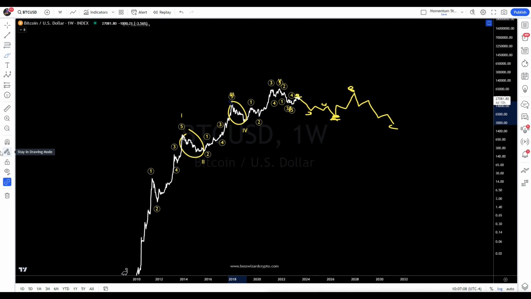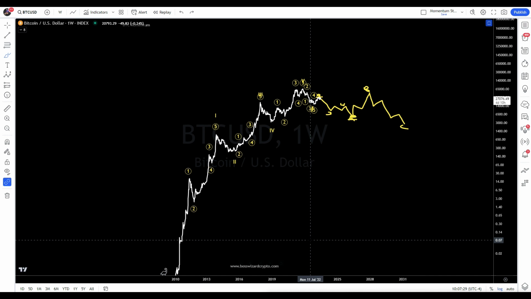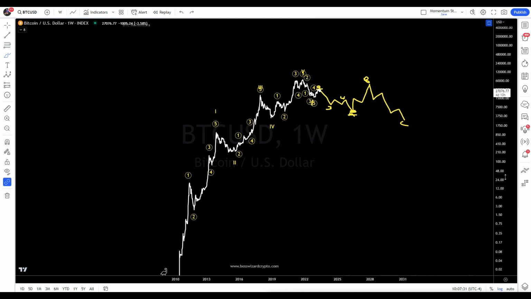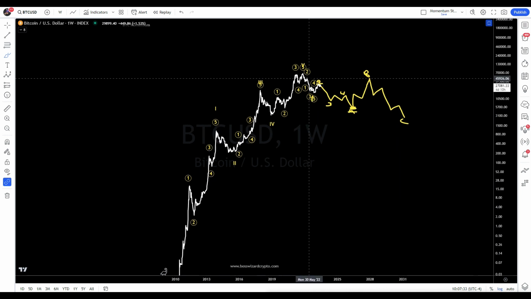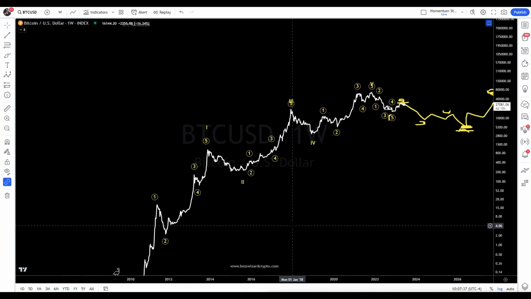No alternation to speak of, and that does not look like an impulse at all. But it also would have been the very tail end of a very large structure, and those can look pretty funky sometimes.